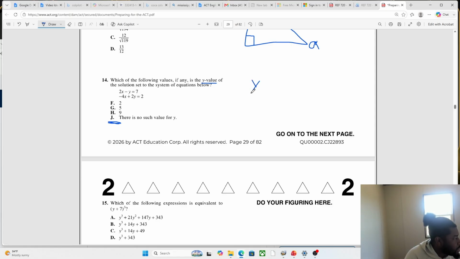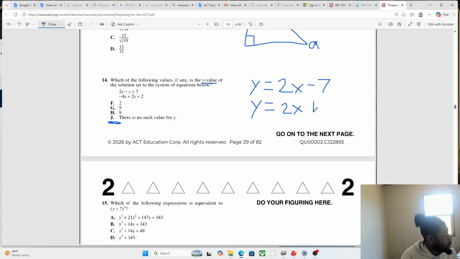The first equation would have been y equals 2x minus 7. The second equation would have been y equals 2x plus 1. All right. So they both have the same slope, so the lines will never cross. So that's also another way you can figure out that there's no such value for y.